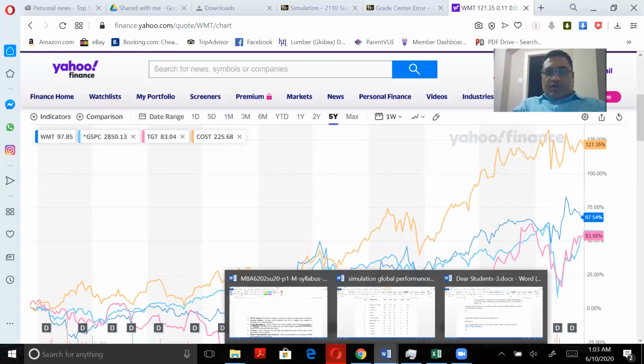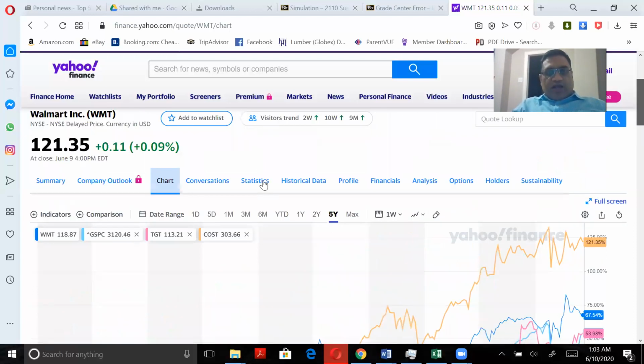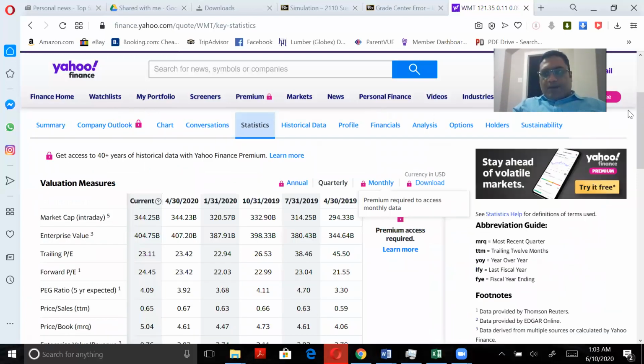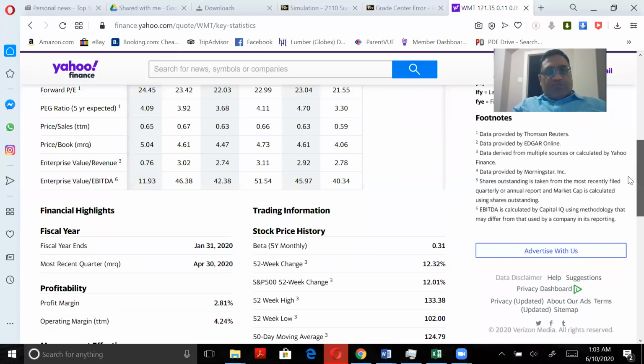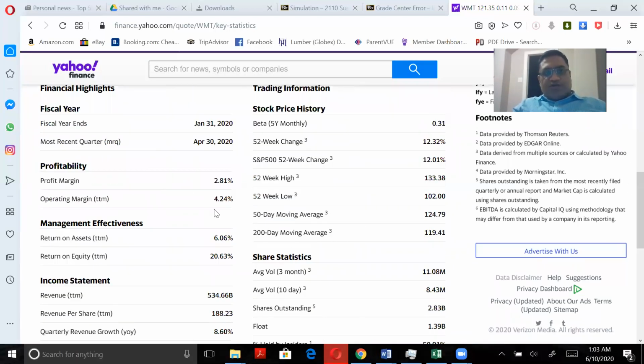So that is one thing, that's the chart you're looking at, and the statistics will actually give you, for your company, what's the profit margin? What's the operating margin? So look at any numbers that are interesting to you, and also use those numbers to compare the company, so in this case Walmart, with two other competitors.